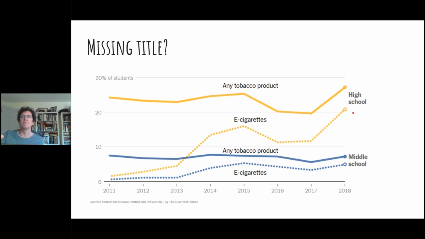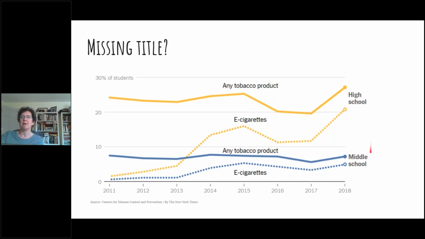Is it the children in the school who are using the tobacco products? Yeah, so you might say tobacco use, or we could do teenager tobacco sales.